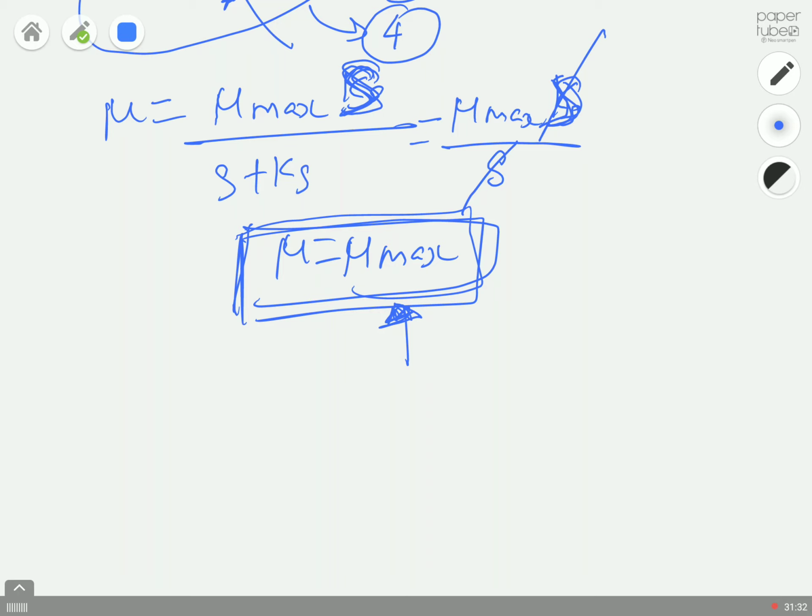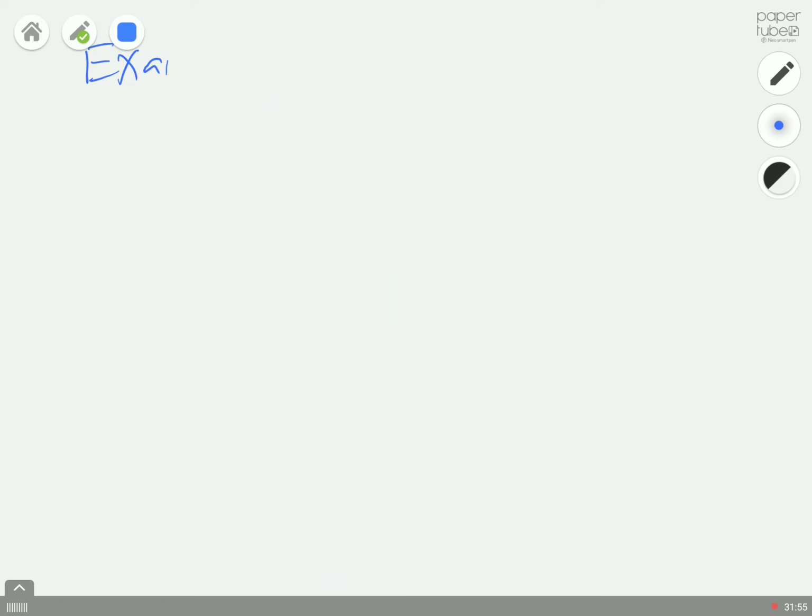This is really a cool expression, and it has only two constants. I'm going to solve one problem now for you using this particular equation, and then you will understand how useful an expression it is. Imagine we performed some experiment.